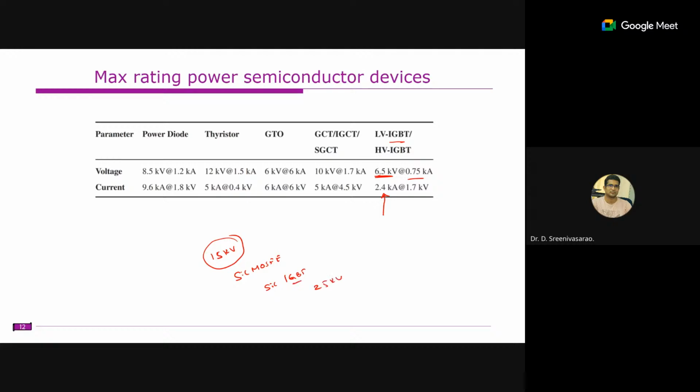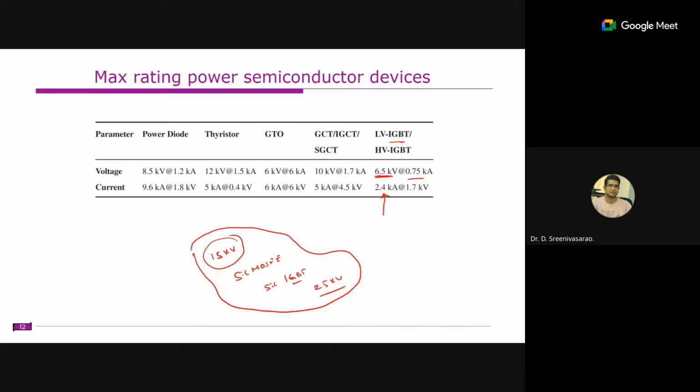We have 25 kV devices available for an N channel, and for a P channel, it may be 15 kV devices. So when you are using wide band gap switching devices like silicon carbide, we can get high voltage levels in the switches, right?